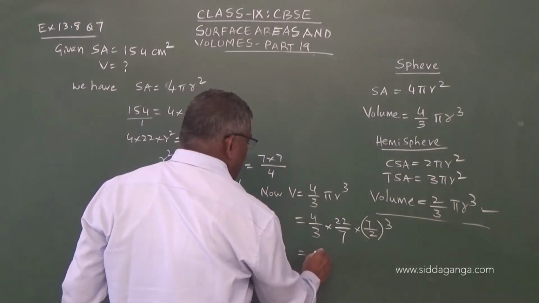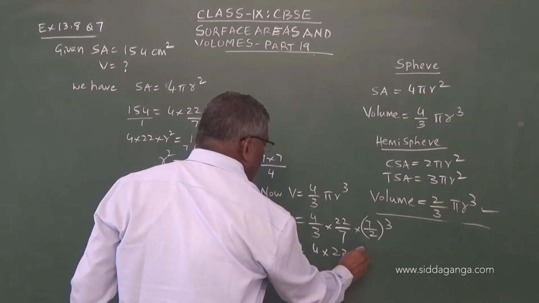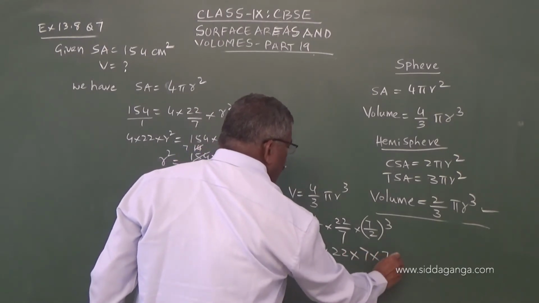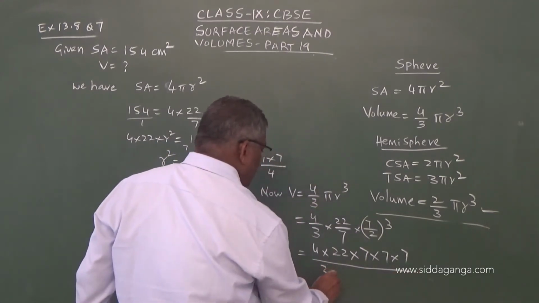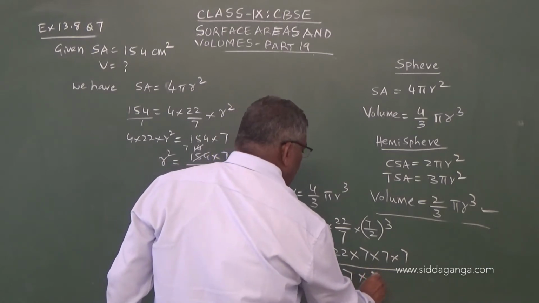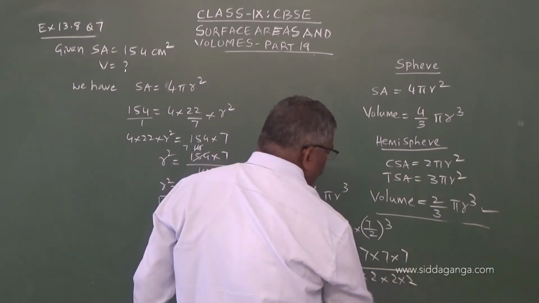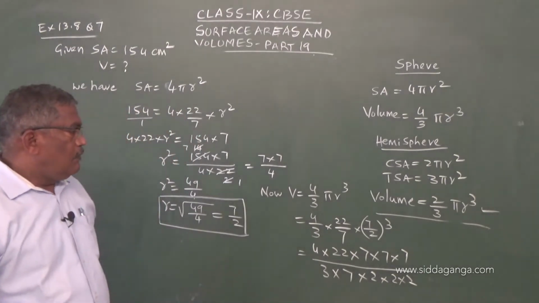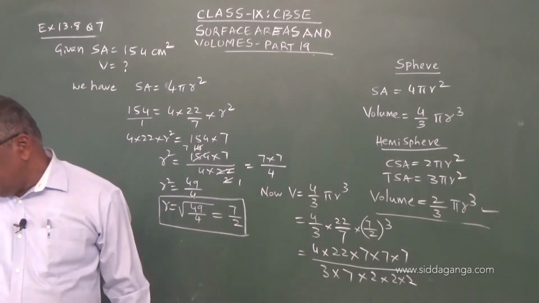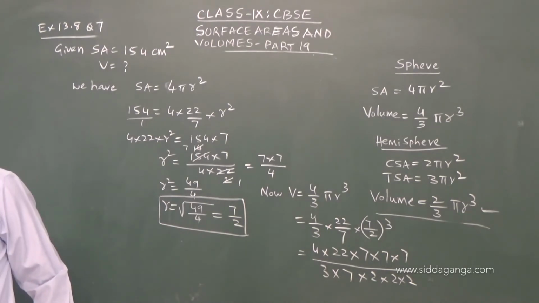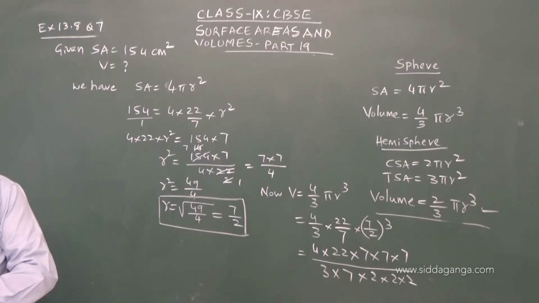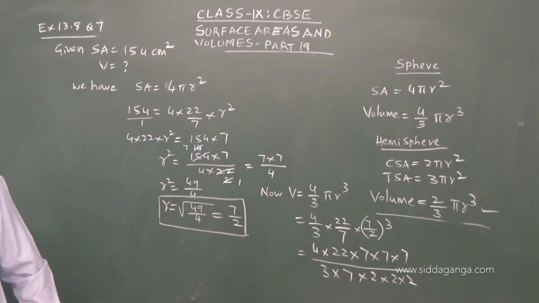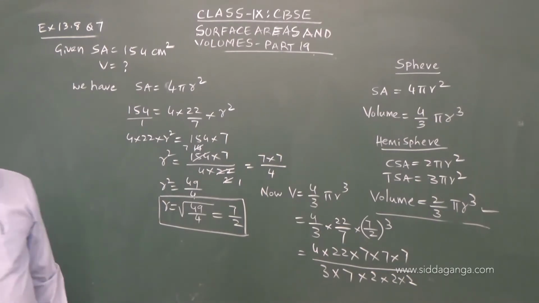This equals 4 into 22 into 7 cube divided by 3 into 7 into 2 cube.